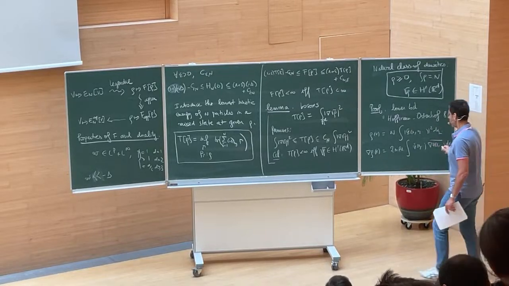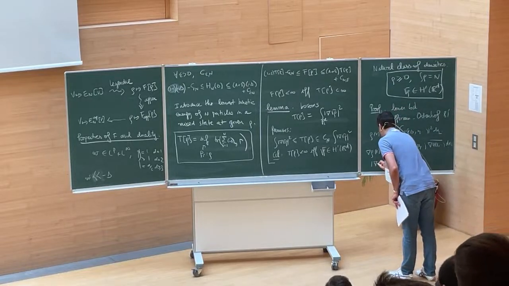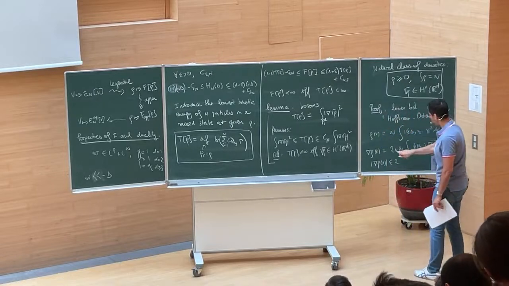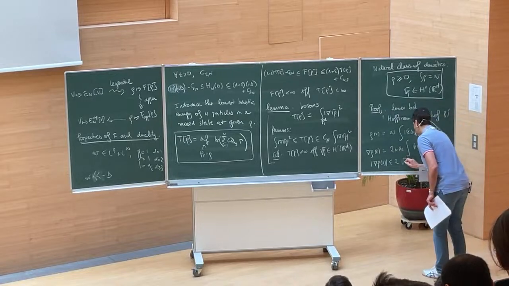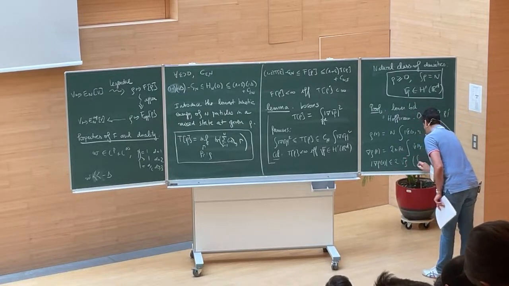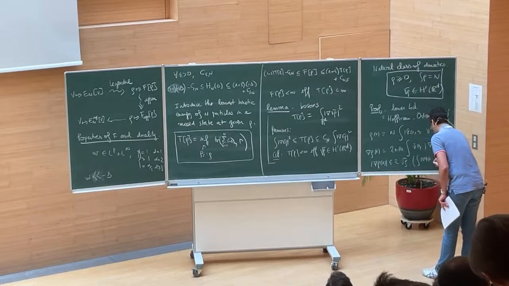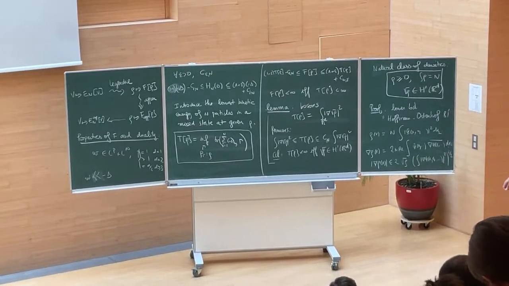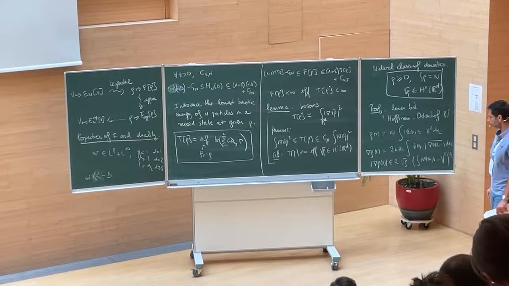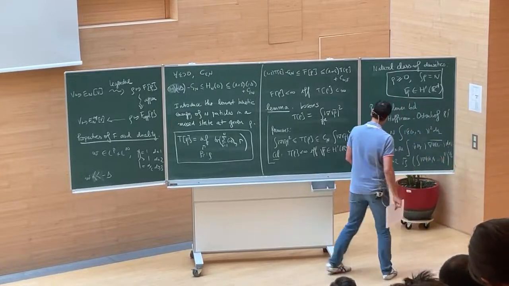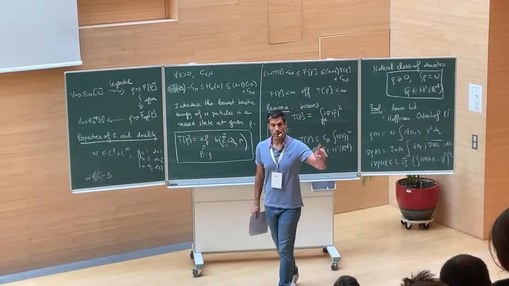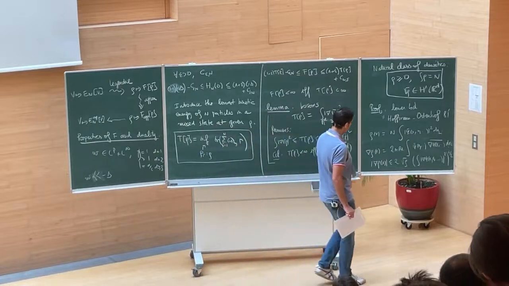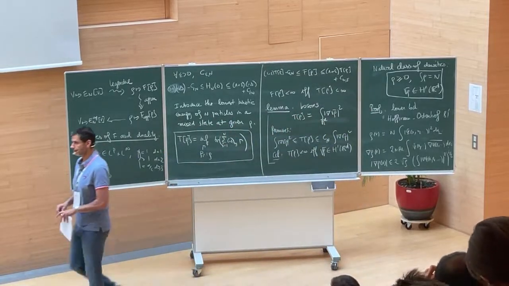And we conclude that the gradient of rho of x can be bounded by 2 square root rho times the square root of the integral of the gradient of psi squared, to the one half, just by Cauchy-Schwarz. And of course, the gradient of rho is 2 times square root rho times the gradient of square root rho, so if you simplify by square root rho, you conclude, maybe I continue over there.